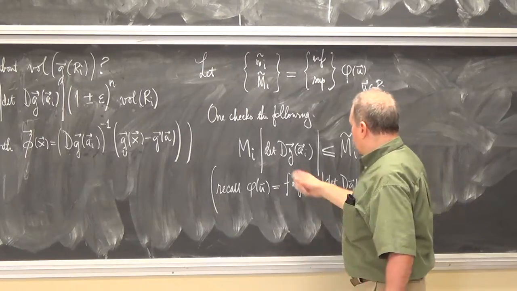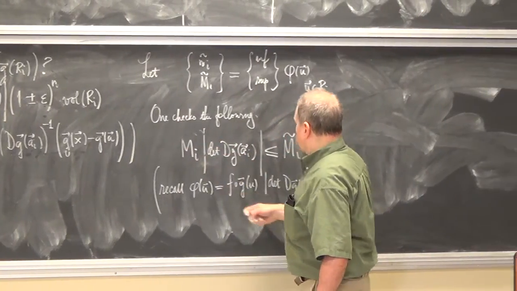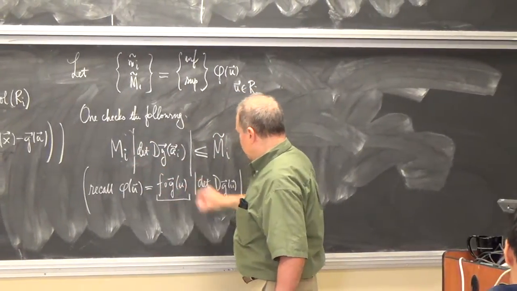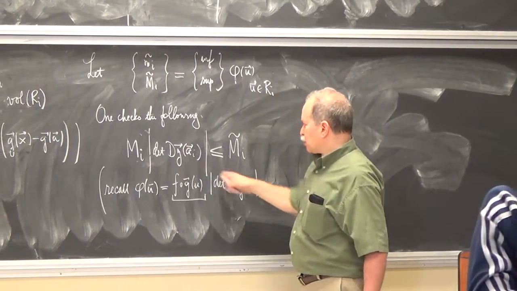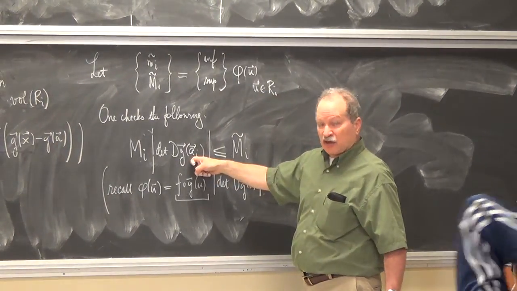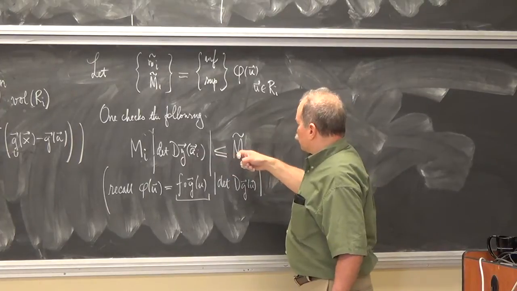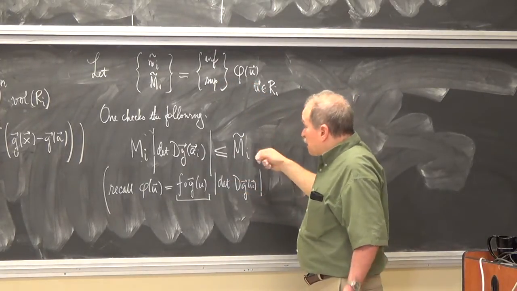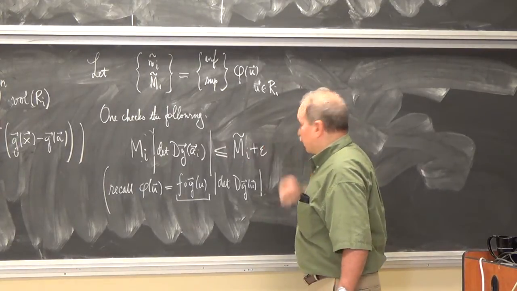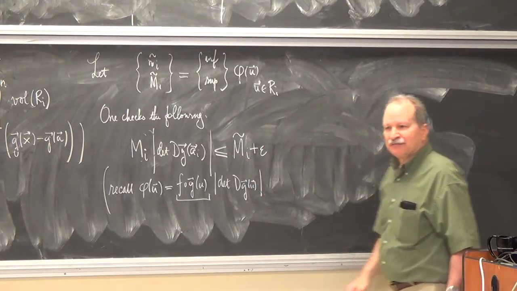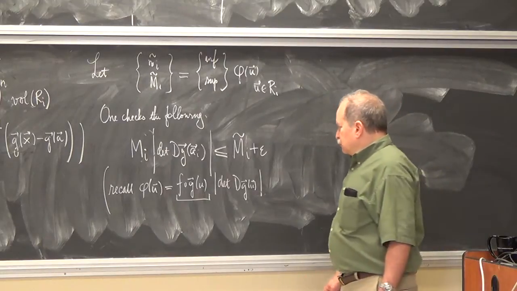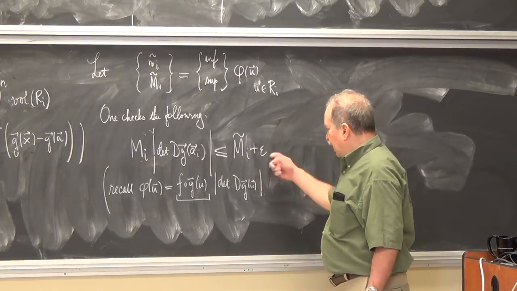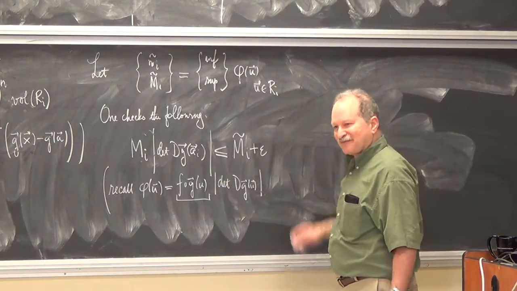So if I take the biggest that the function can be times the absolute value of the determinant at the center of the cube, that is roughly the maximum of little phi. It might turn out a little bigger, or a little smaller, if the cubes are small enough.